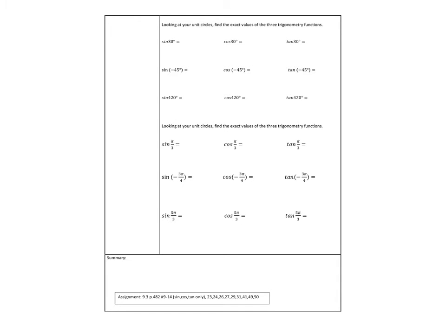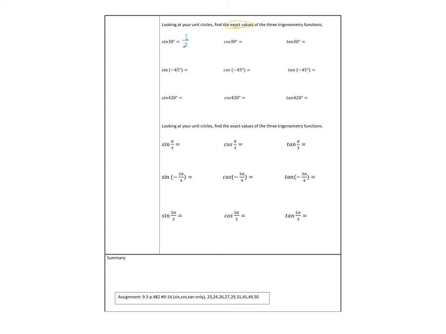So opposite of 30 degrees, or your y value of your coordinate point, is going to be 1/2. So the sine of 30 degrees is 1/2. And we're doing this exact values. That's one thing to make sure you're paying attention to, especially calculator fiends. These should be done without a calculator, just using your unit circle.